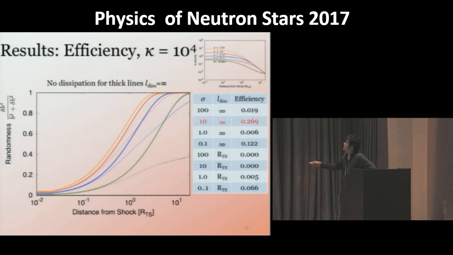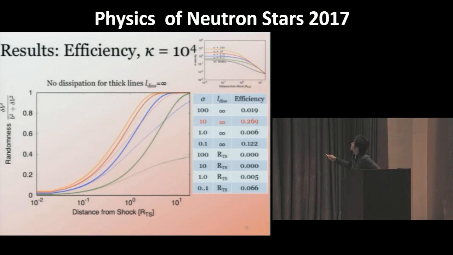And for the randomness, some observations of polarization show that we require a randomness of the magnetic field of around 0.5, close to the pulsar. So around this value is also good.